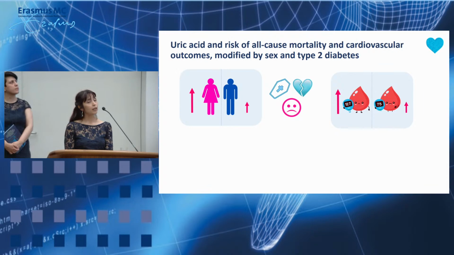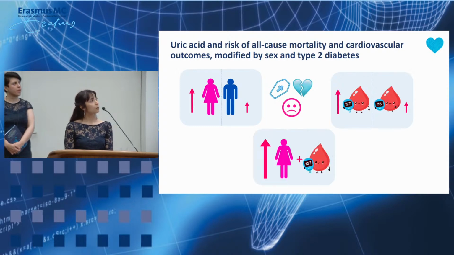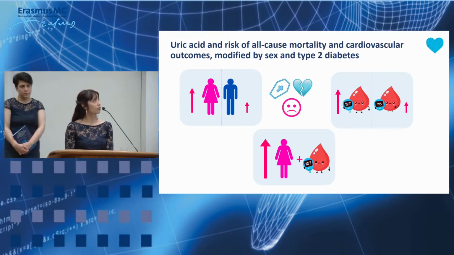Finally, we wanted to compare 4 groups. So we selected diabetic women, diabetic men, healthy women, and healthy men. And we compared those 4 groups. And we found that among those, diabetic women tended to have the highest risk of premature mortality for all-cause and cardiovascular mortality.